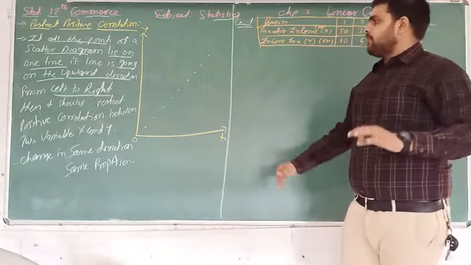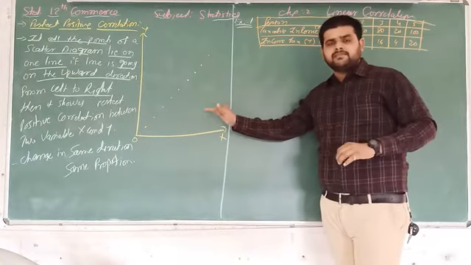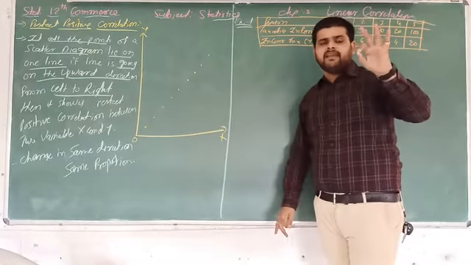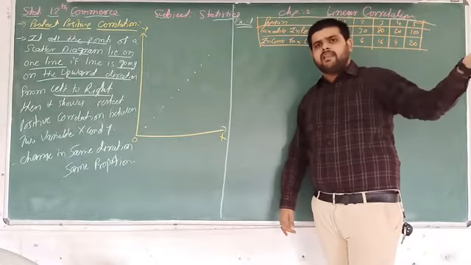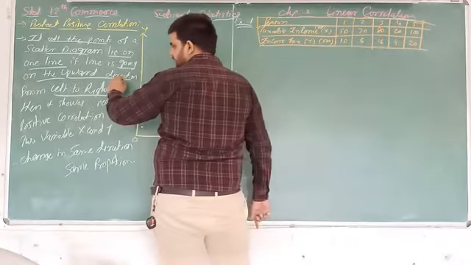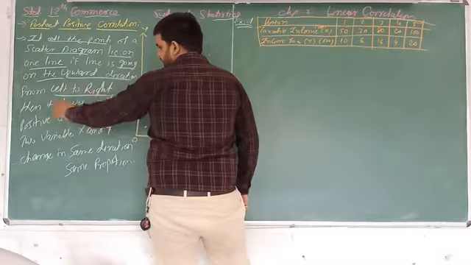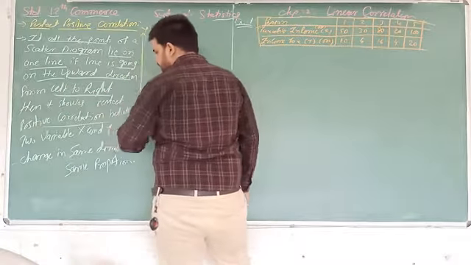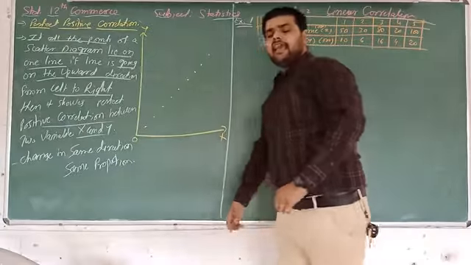For this particular type, what we have to remind ourselves of is the law of supply. It goes from downward to upward, from left to right. So if it goes in an upward direction from left to right, it shows perfect positive correlation between the two variables x and y.